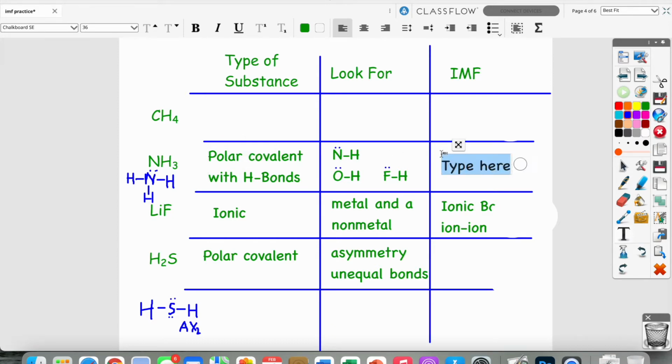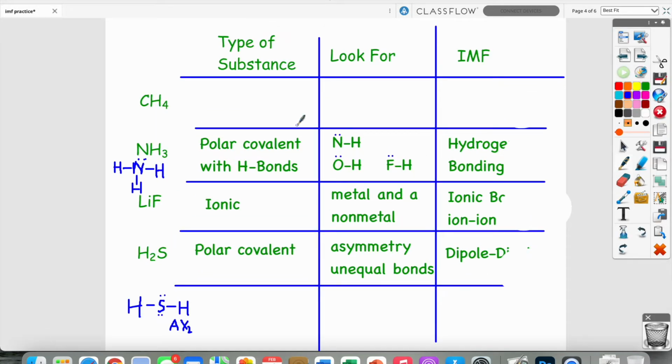And so the IMF for this one is hydrogen bonding. And for this guy it is just dipole-dipole attraction, which just means we have the weak plus-minus attraction. And then CH4 is left behind. If we draw the structure, notice that we're drawing structures for all these molecular compounds.